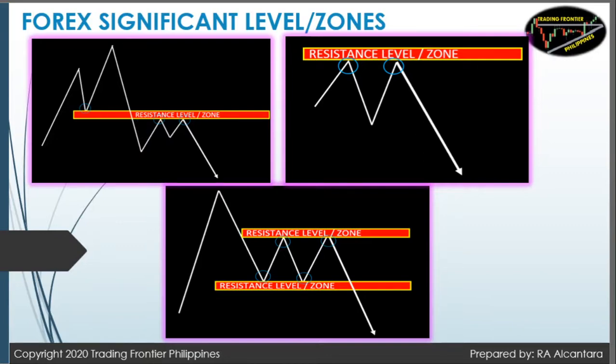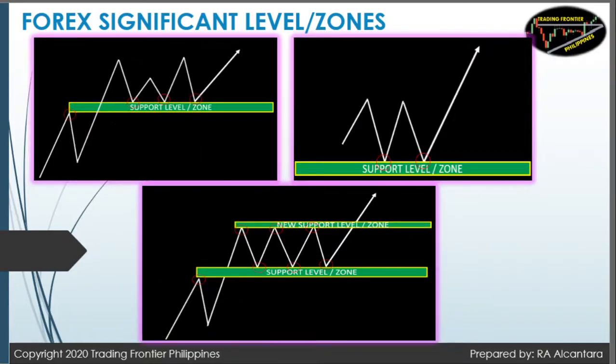So that is how you identify a key significant level or zone. Now we will head to the actual charts to have more examples in order for you to train your eyes to recognize these key levels or zones. All right.